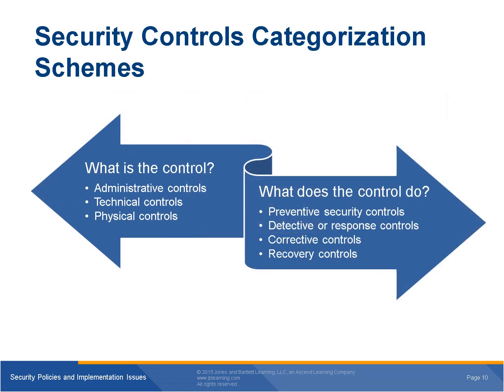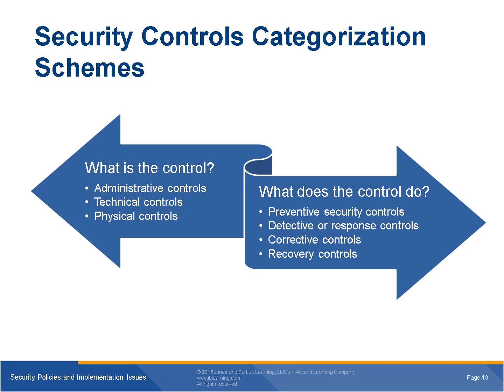Security controls categorization schemes. So security controls can be described according to two different categorization schemes. One based upon what the control is, the other based upon what the control does.